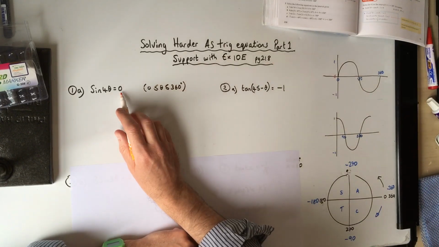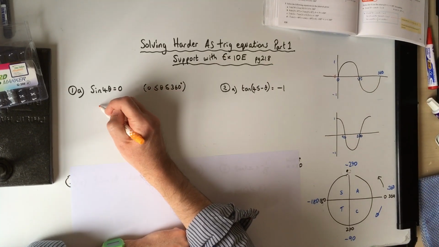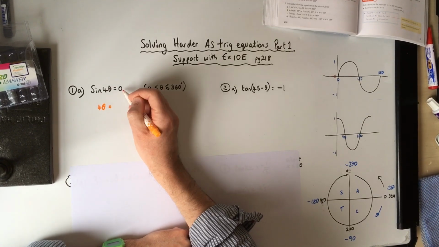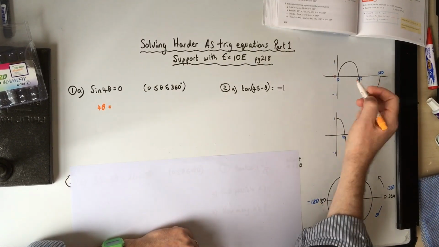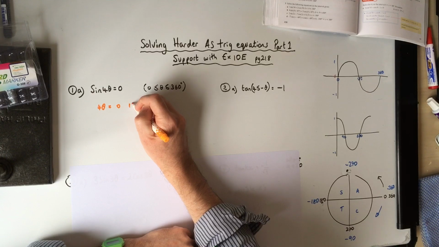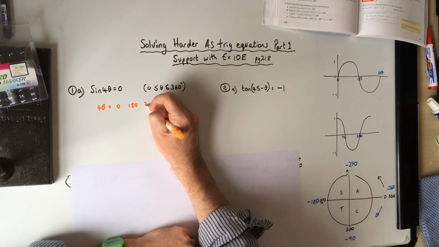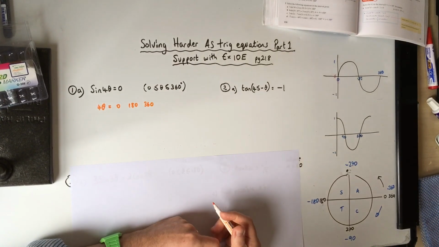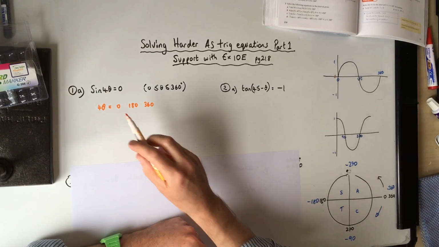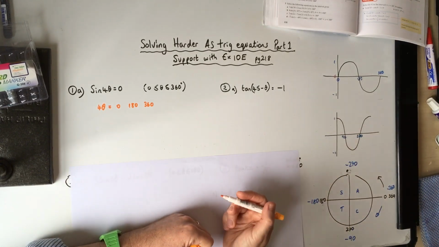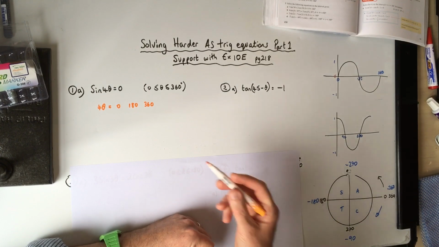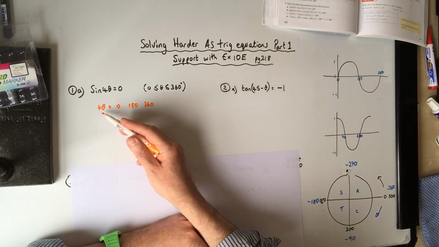So when I inverse sine this, I get 4 theta is equal to, and the values for 0 are 0, 180 and 360. But if you remember from my video explaining this, this is a squash, so it gives us 4 times as many values. We're going to end up dividing all of these by 4, aren't we?